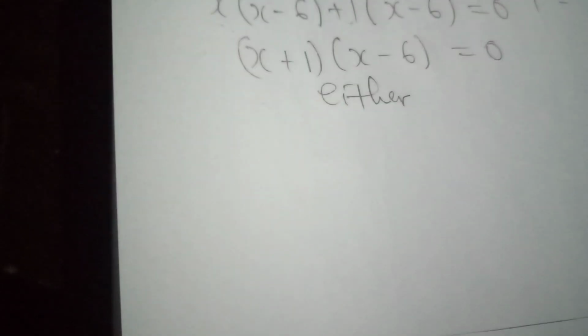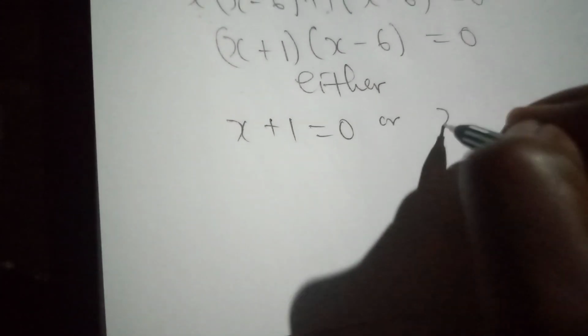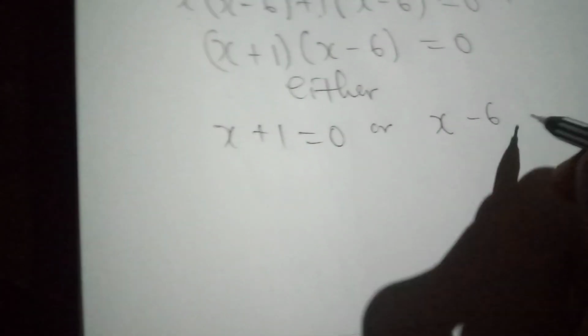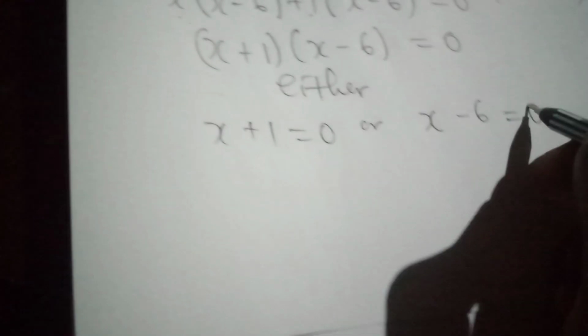So you couple these two, that is x plus 1 times x minus 6 equals to 0. So either x plus 1 equals to 0 or x minus 6 is equals to 0.